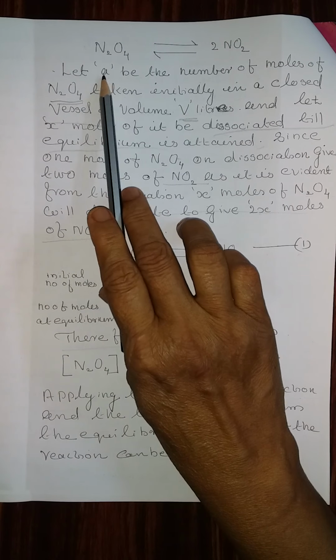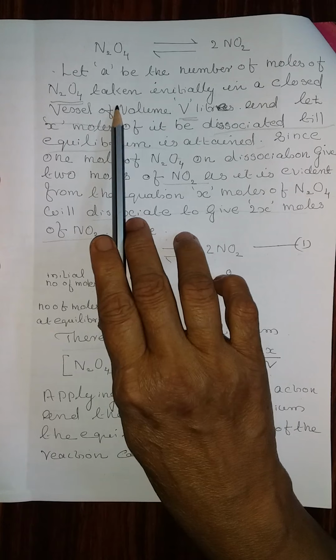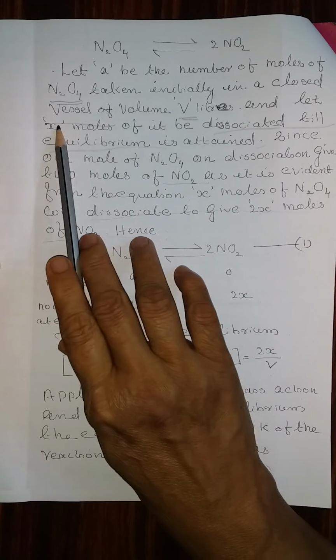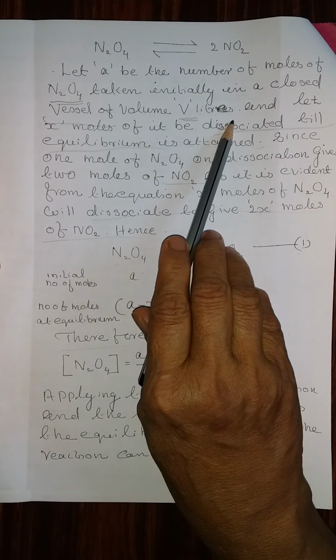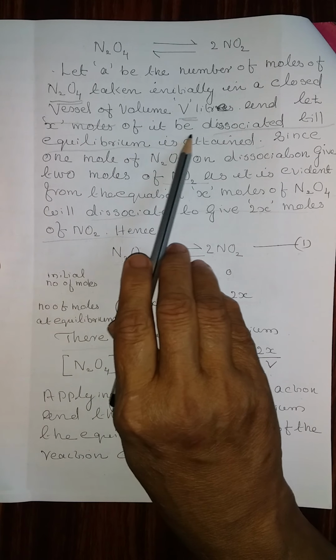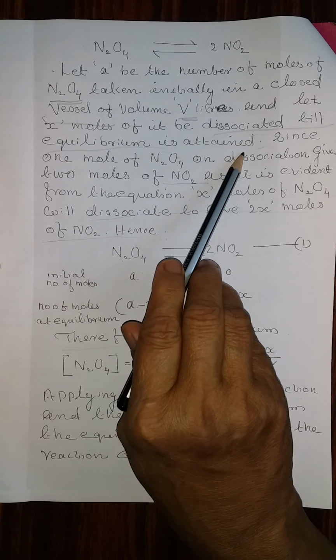Let a be the number of moles of N2O4 taken initially in the closed vessel of volume V liters, and let x moles of it dissociate till equilibrium is attained.